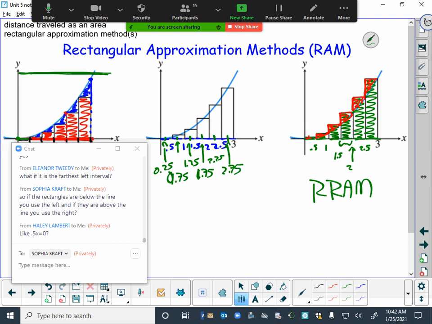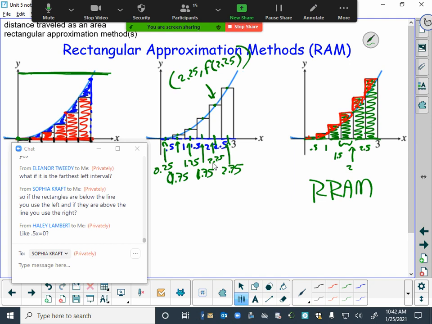And what if I plugged those x values in to see what their y values were, which is what these points are? Right? So this is the point here. This is the point 2.25 comma f of 2.25, whatever that function happens to be.